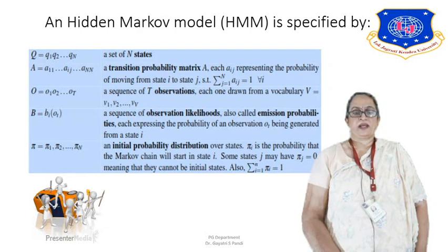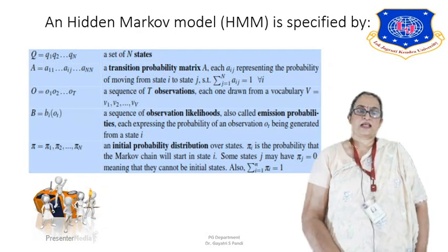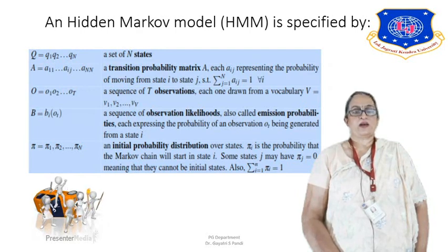Some states may have pi j equal to 0, meaning that they cannot be initial states, and also the summation of i equal to 1 to n of pi i equals 1.